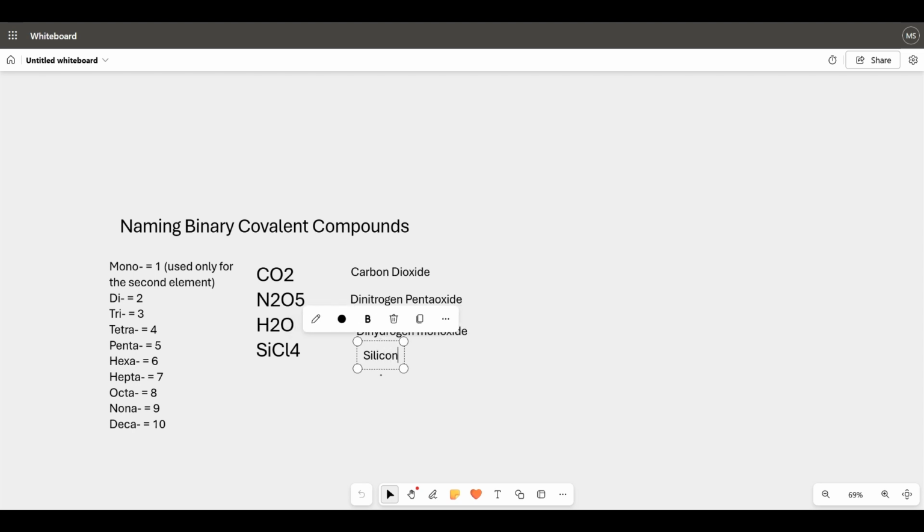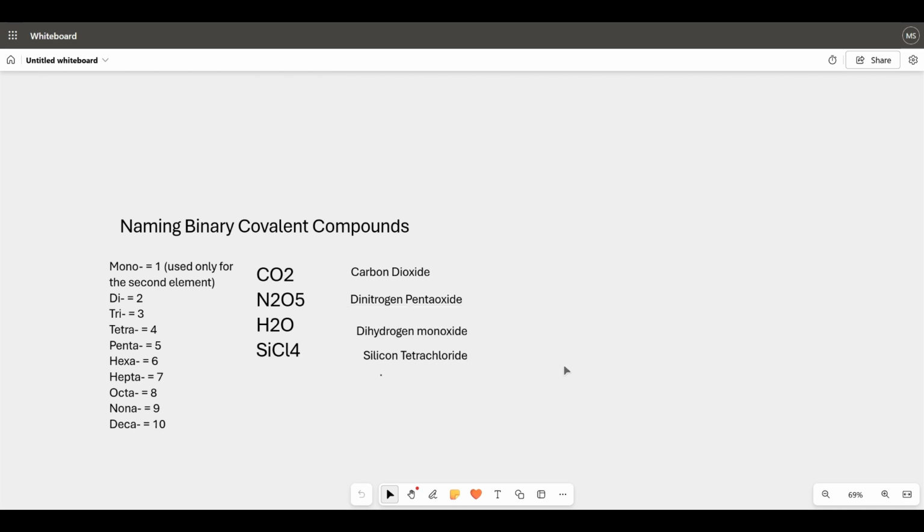So all we need to do is just put silicon. Now we have to identify the second element. And the second element is chlorine with 4 atoms. So now you have to use tetra. But we know this is not right. So we need to add the ide. So we remove this and it's called tetrachloride.